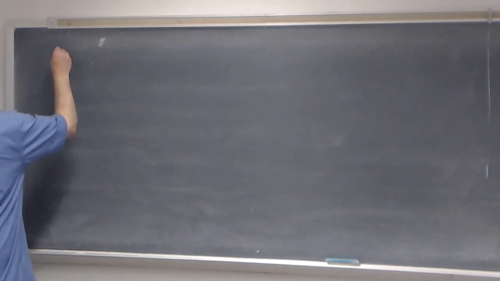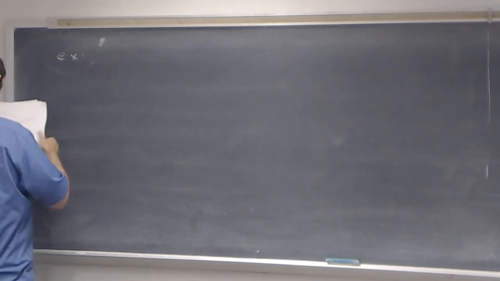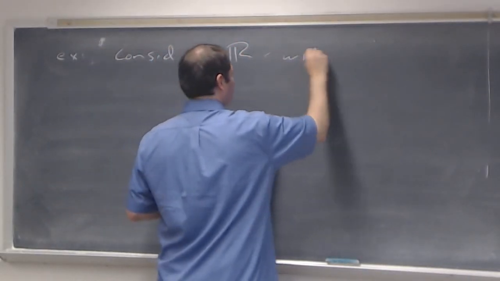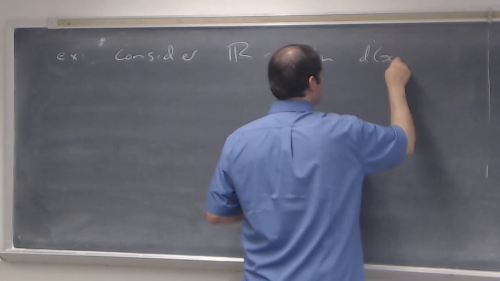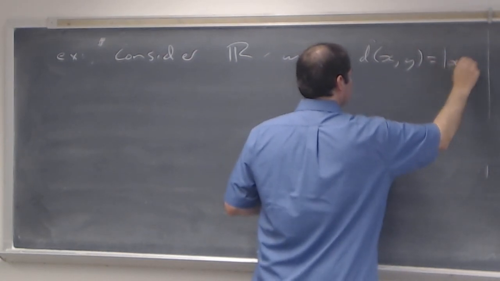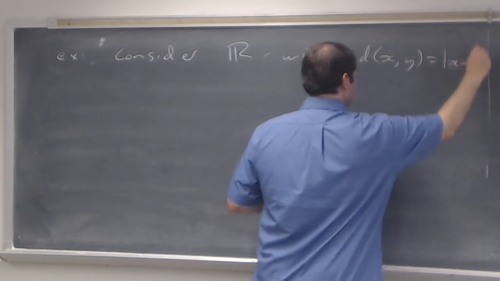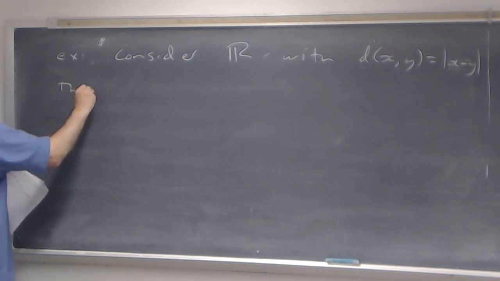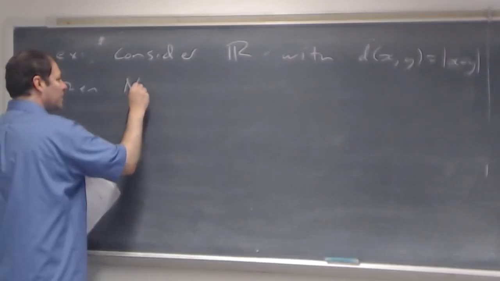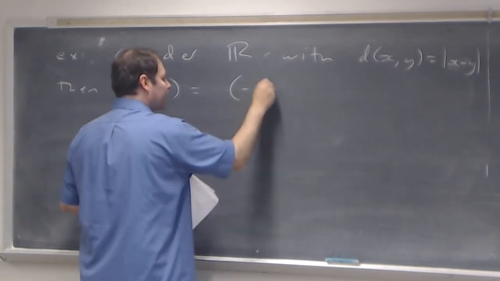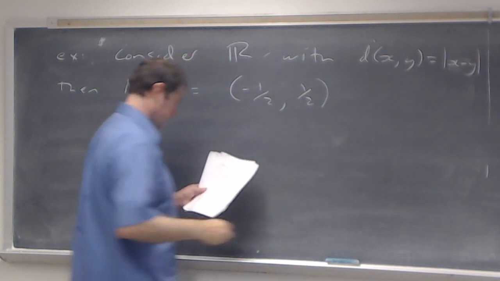Okay, so as an example, consider the set of real numbers with the usual metric, the absolute value of x minus y, where x and y are real numbers. Then, if you look at the neighborhood of radius 1/2 centered at 0, that's equal to minus 1/2 to positive 1/2.